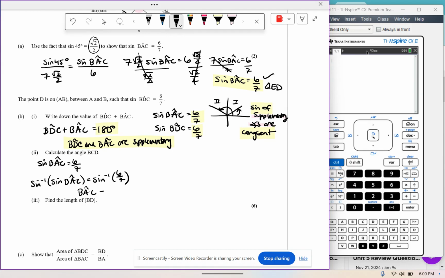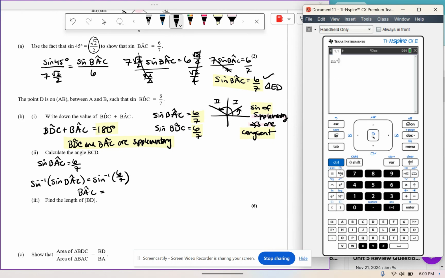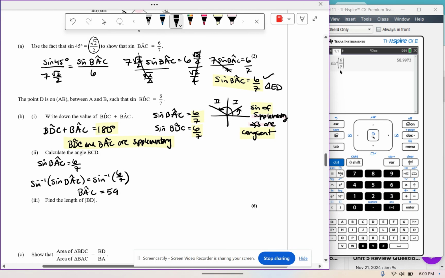And I just found out above that BAC and BDC are supplementary, so maybe you'll see where I'm heading. So I've got the inverse sine of 6 over 7, and BAC is 59 degrees.